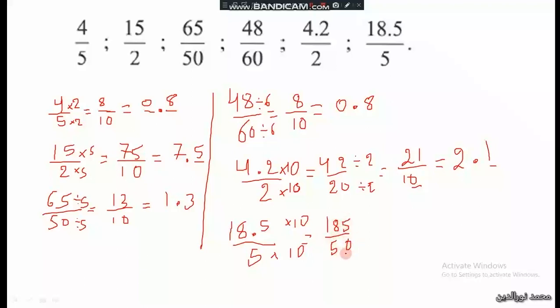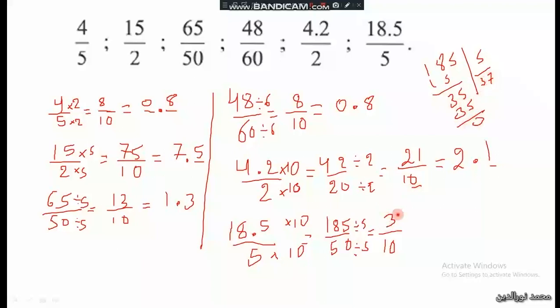Then we have to divide by 5 to have a decimal fraction of denominator 10, so we divide 50 by 5, and 185 divided by 5: 18 divided by 5 is 3, remainder 3, drop the 5, 35 divided by 5 is 7, so it's 37, so we have 37/10.